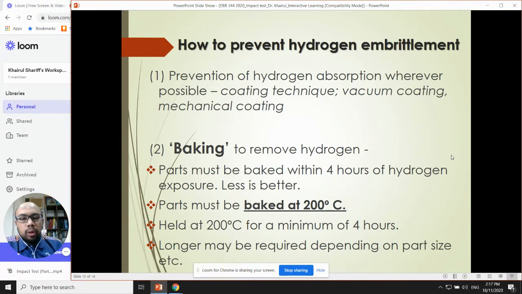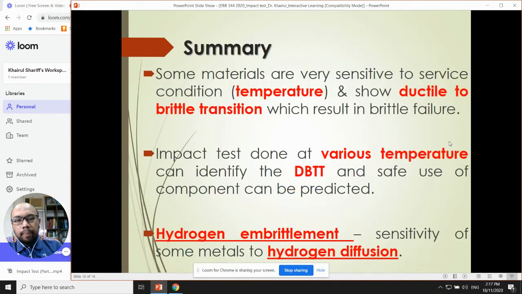Number two, you can bake or heat to remove the hydrogen. For example, if you feel there has been hydrogen exposure to the metal, you can heat up the metal part inside an oven to remove the hydrogen content, because hydrogen is normally present as a hydroxy group, OH. When you bake it, the moisture on the surface might vaporize over time.